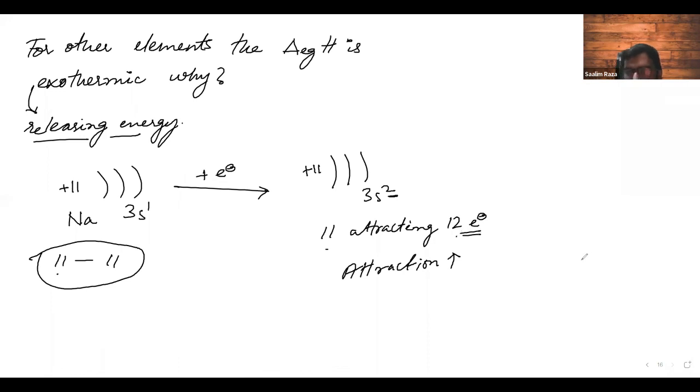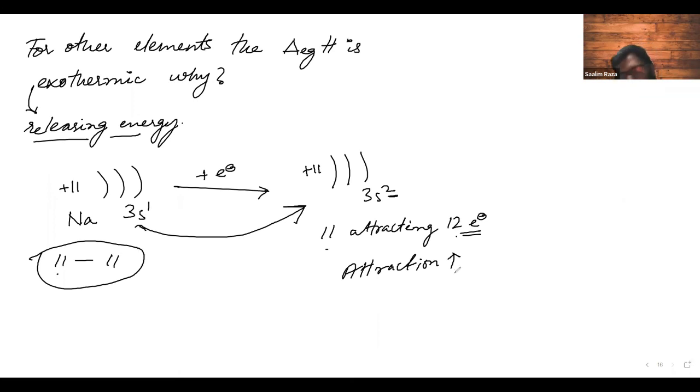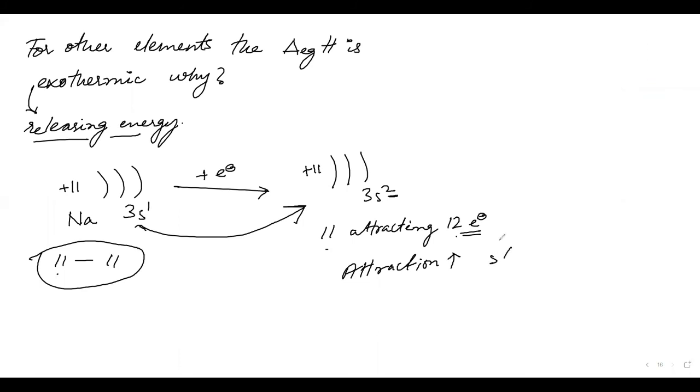There is a difference. We are going from here to here. The total attraction is increasing, correct? Yes. Okay, fine. Now, if attraction increases, remember the first principles, system gets stable or unstable? Stable.